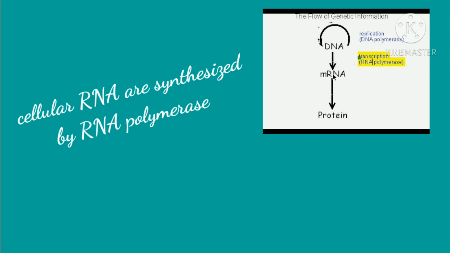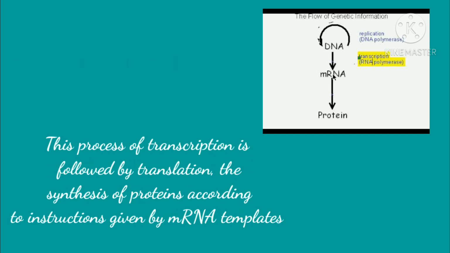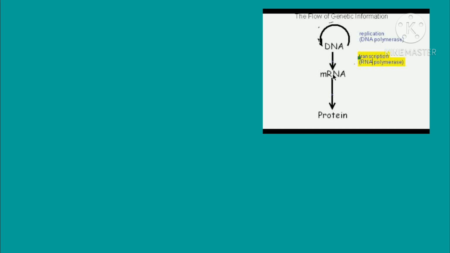All forms of cellular RNA are synthesized by RNA polymerase, which takes instruction from DNA templates. This process of transcription is followed by translation, the synthesis of proteins according to instructions given by mRNA templates.